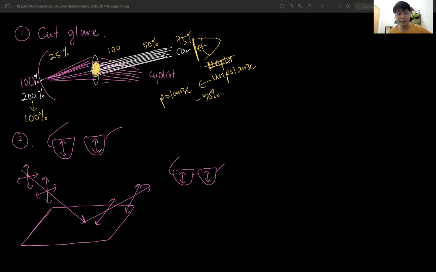Not entirely, because it is only partially plane polarized, but you reduce the amount of light coming off of the reflection. So this reduces the glare, the reflection on the ground, the bright spot. Same for glass, windows, water.